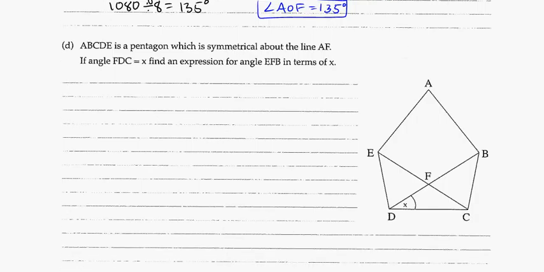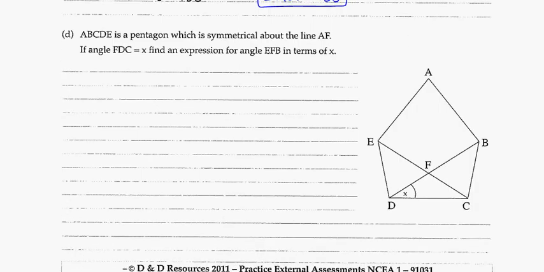So, looking at the last part here, D, this big shape is a pentagon, meaning 5 sides, which is symmetrical about the line AF. Okay, so about the line AF, if we draw a line then through A and F, just so we can visualize what they mean.